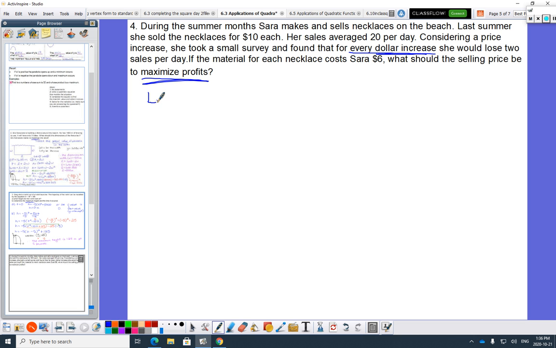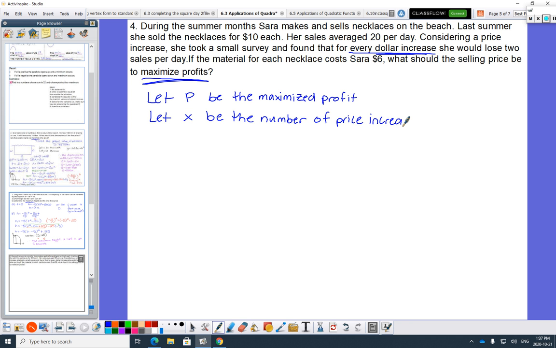We'll use P. And X is, it doesn't really talk about how many she's selling. It's saying she doesn't know how many times to increase the price. So the X is going to be the number of price increases. Sometimes it can be the number of units sold.